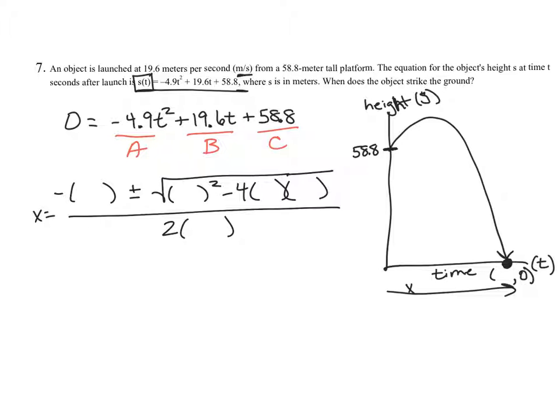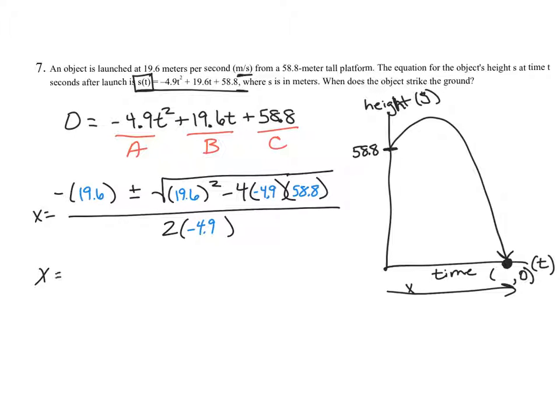Our b is 19.6, our a is negative 4.9, and our c is 58.8. And our a, again, is negative 4.9. So let's go ahead and work it out.